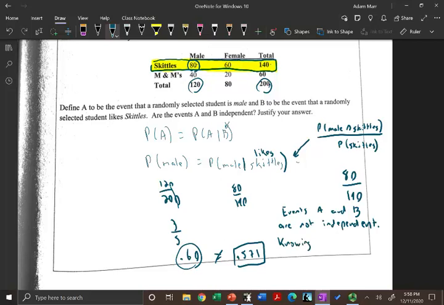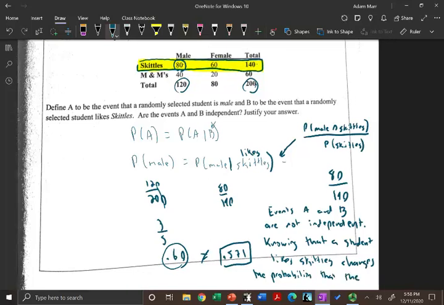You don't have to write this right here, but if something asked you to justify it anymore, you would write, knowing that a student likes Skittles changes the probability that the randomly selected student is a male.